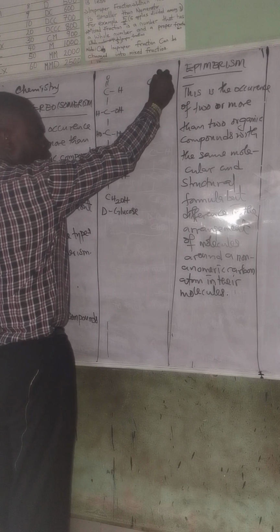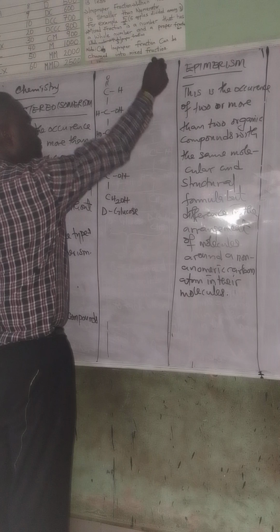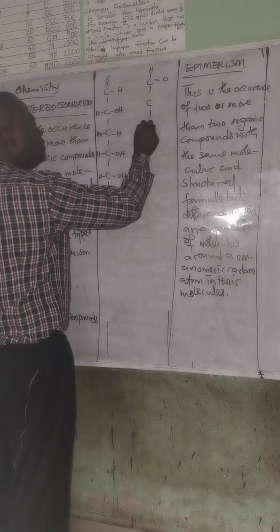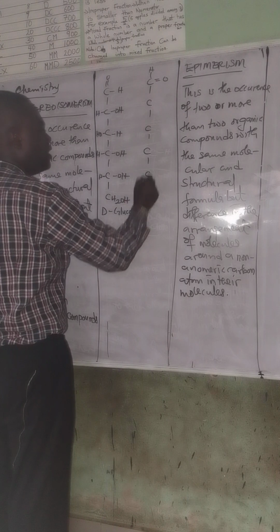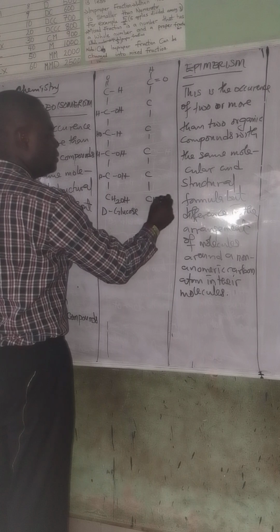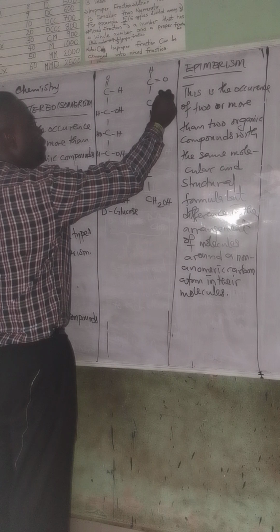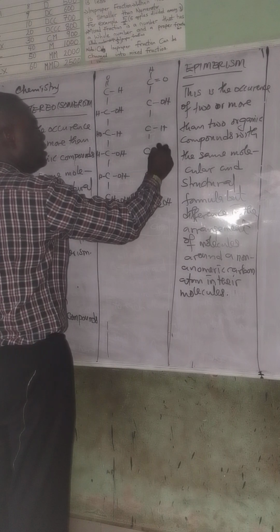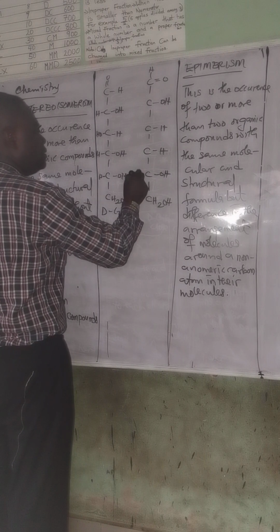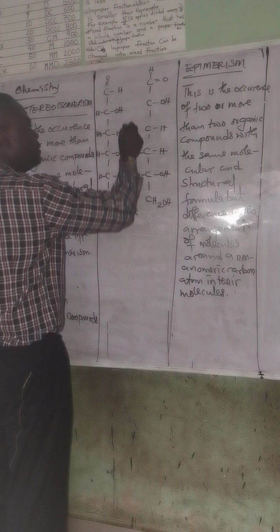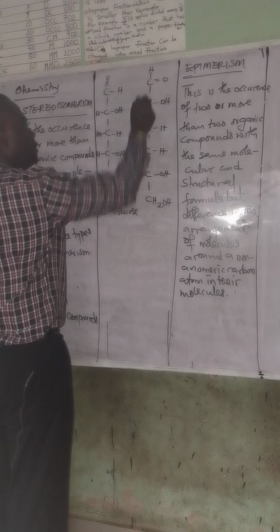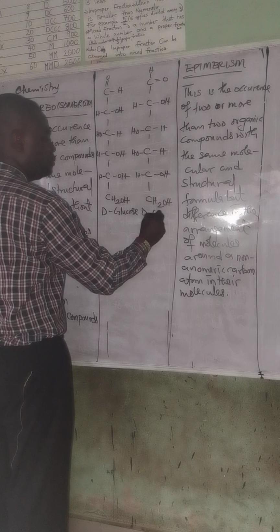Then the second one, 2, 3, 4, 5, 6. Now you have OH here, you have H, and OH. So what you have here is D-galactose.